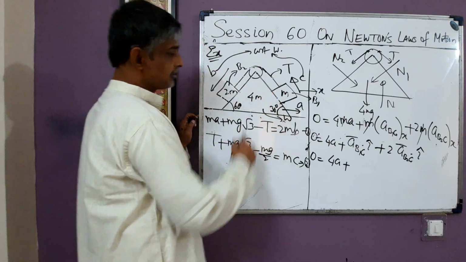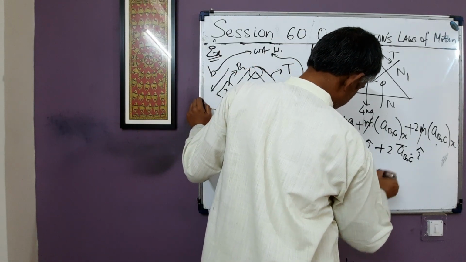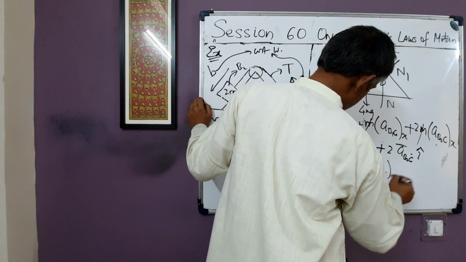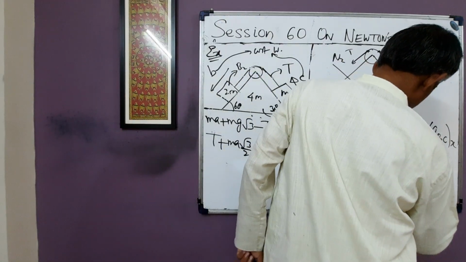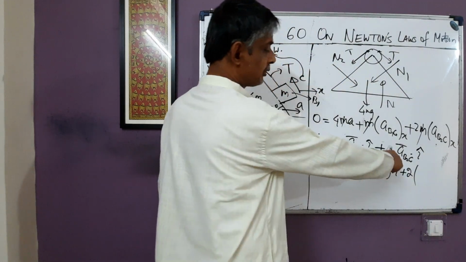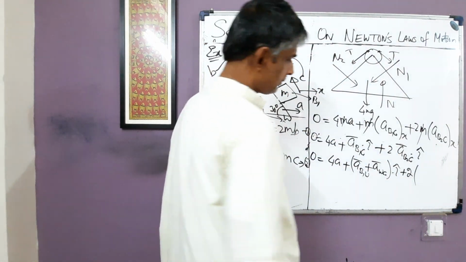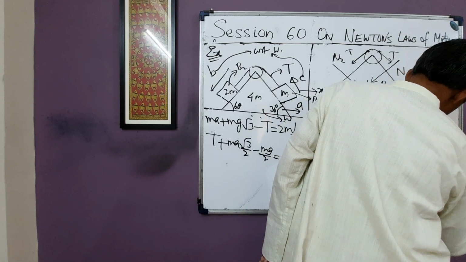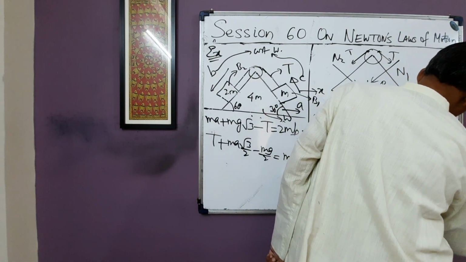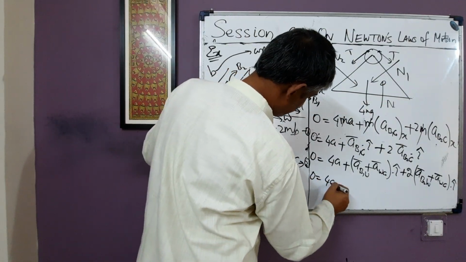So what about a b1g? This becomes a b1w plus a wg dot i hat, plus 2 times, this we use using the theory of mutually translating frames, a b2w plus a wg dot i hat. 0 is equal to 4a plus.